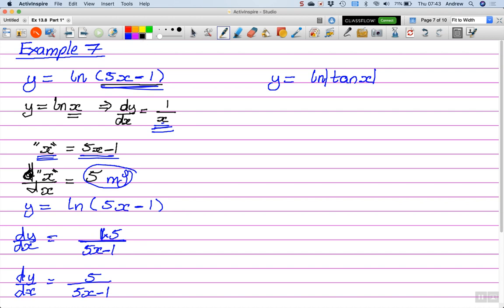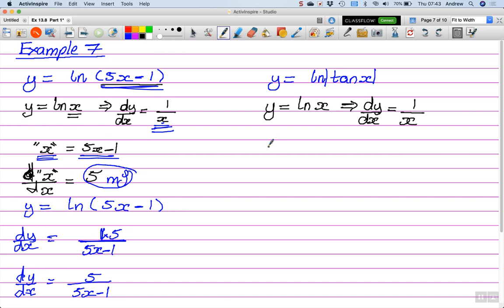Again, we quote the formula from the formula and tables book. y is equal to ln x implies that dy dx is equal to 1 over x. So when we differentiate the y with respect to x, I don't know why I did that, sorry about that.